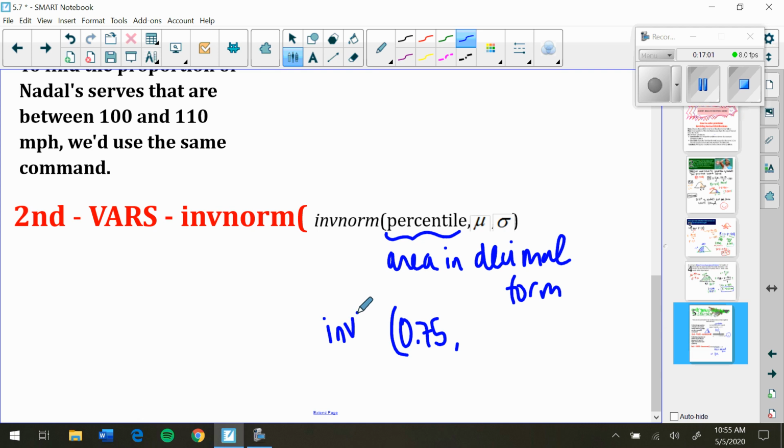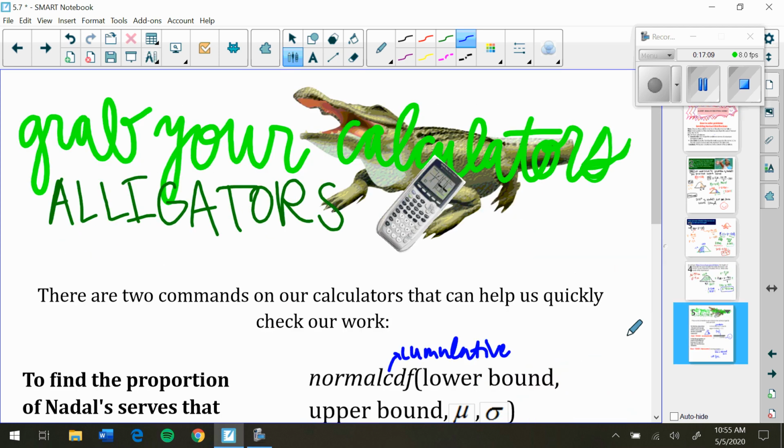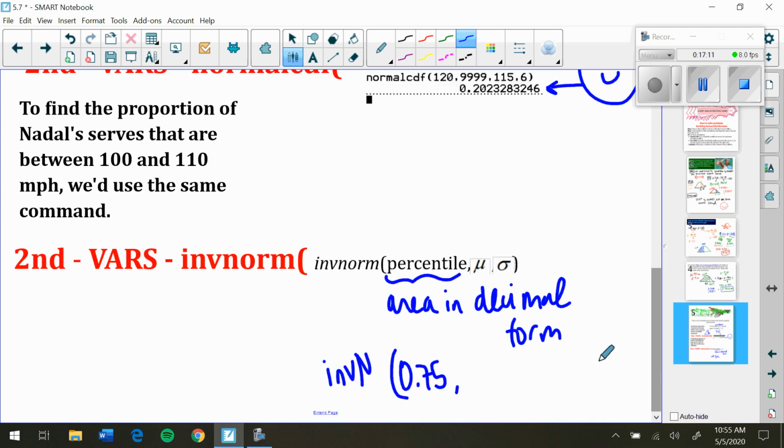This is going to be the reverse of what we just did. A mean, in the previous problem, our mean was 94.5, and a standard deviation of 4.